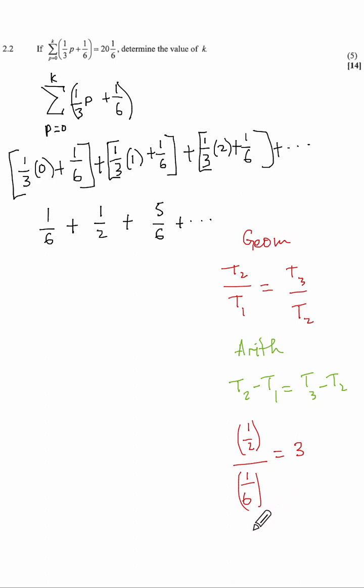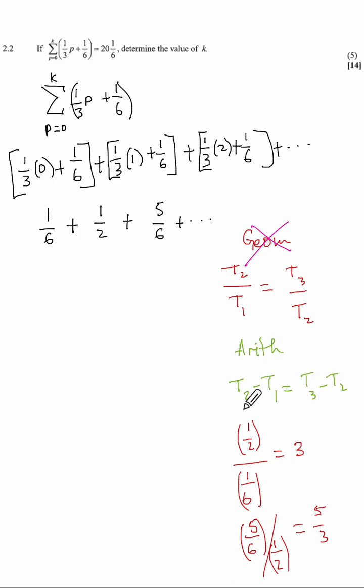If I say the third term divided by the second term, that is 5 over 6 divided by half, this gives me 5 over 6 multiplied by 2, that is 10 over 6, which is 5 over 3. So we can see that it's not geometric, right? So geometric is out. Then we can see if it's arithmetic.